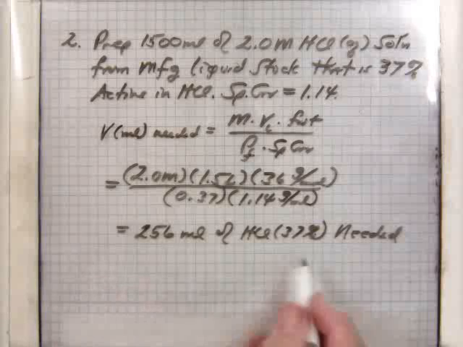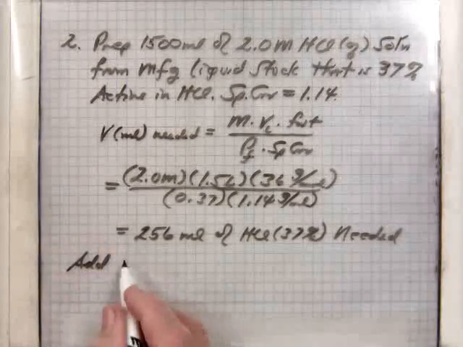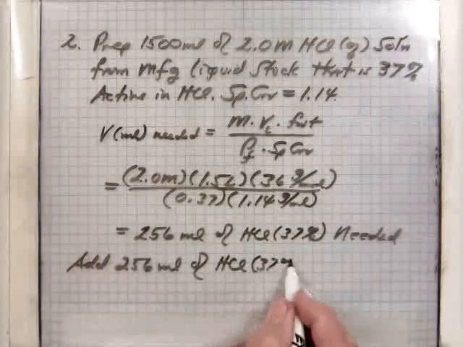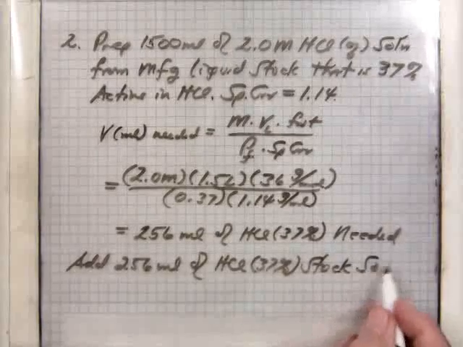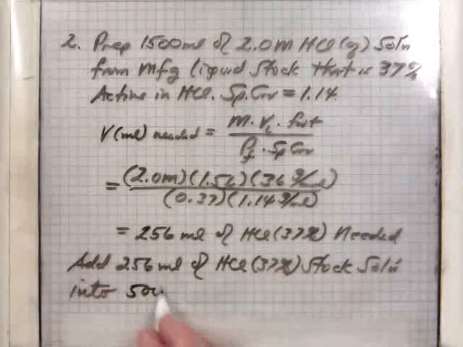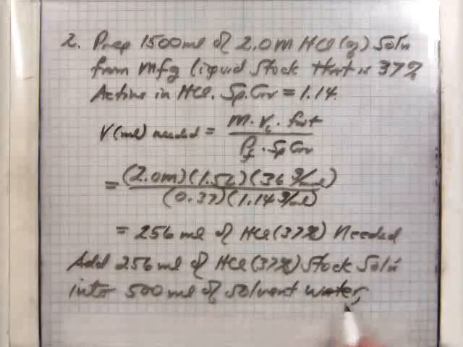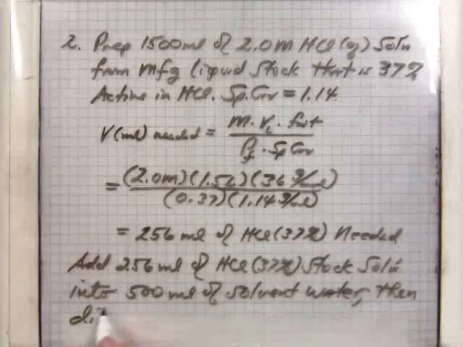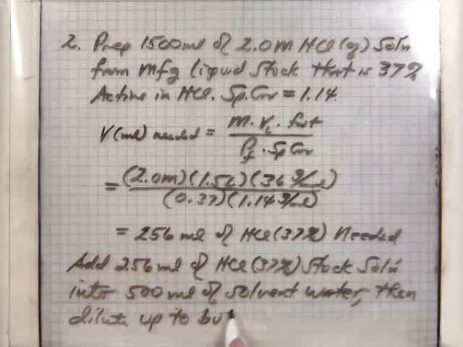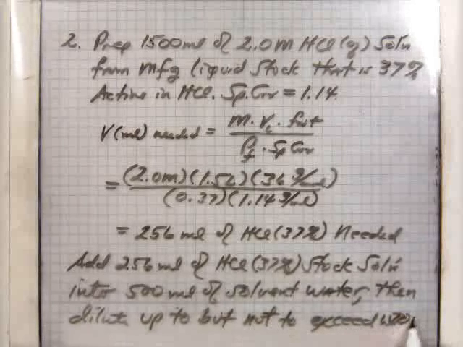So, method is add 256 milliliters of HCl 37% stock solution into 500 milliliters of solvent water, then dilute up to, but not to exceed, the 1500 mils total volume.